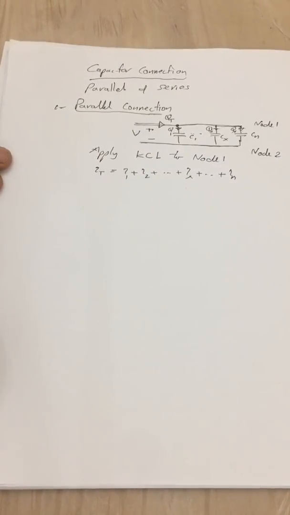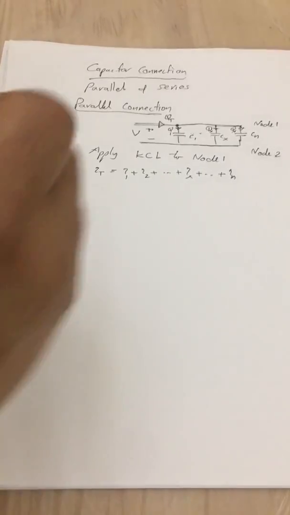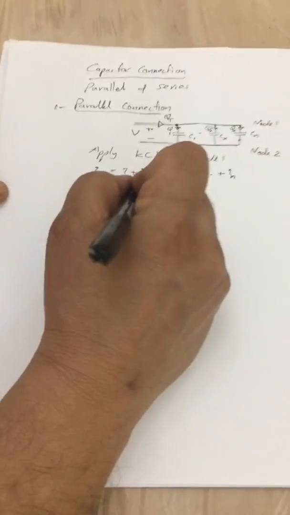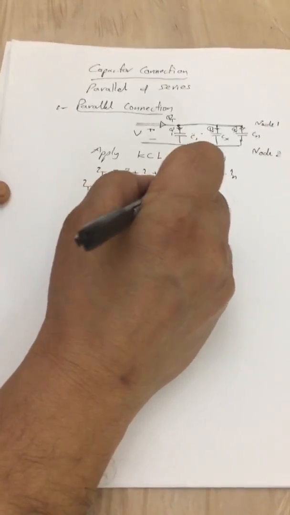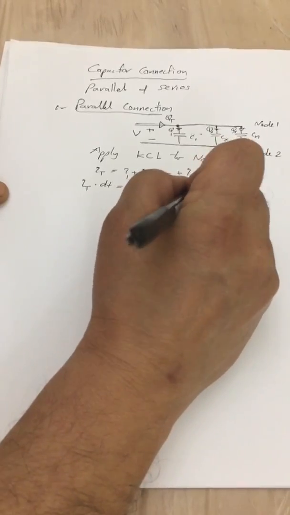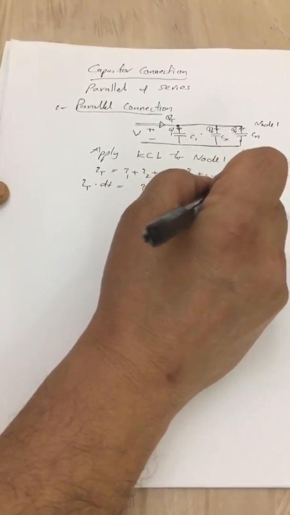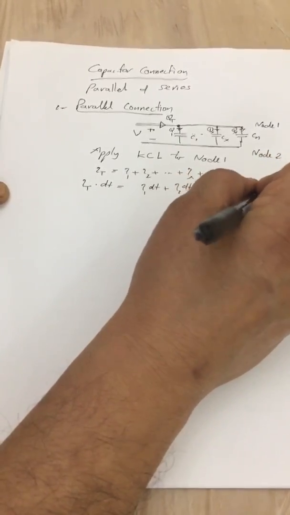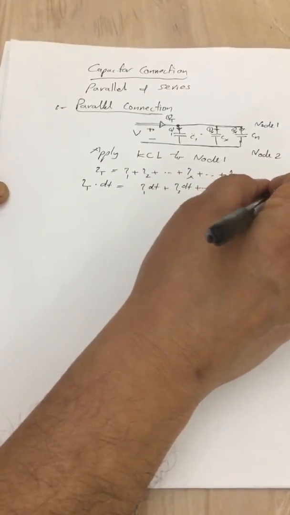Now, if we multiply by dt and integrate, what will we get? I total dt is equal to I1 dt plus I2 dt plus Ix dt plus In dt.